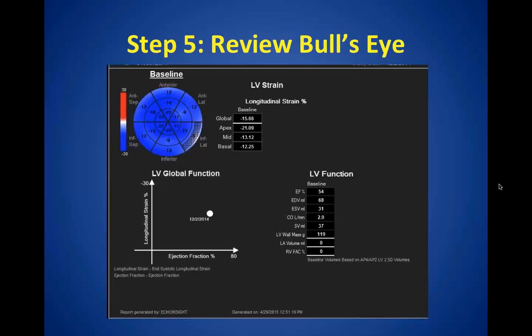The global strain represents an average of the 4, 3, and 2 chamber views, and it can also be subdivided into apex, mid, base. You have your LV global function plot, which, when there's a comparison study, can show you the change in strain and change in ejection fraction, which is a very useful visual.